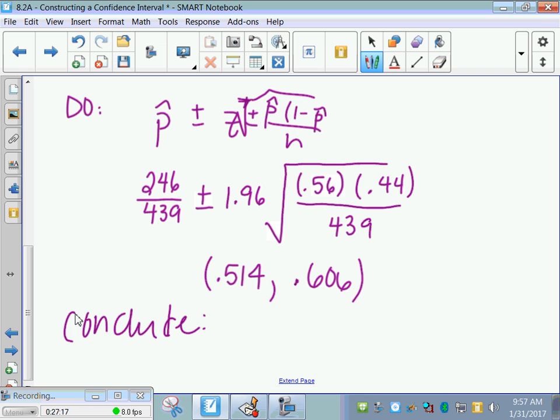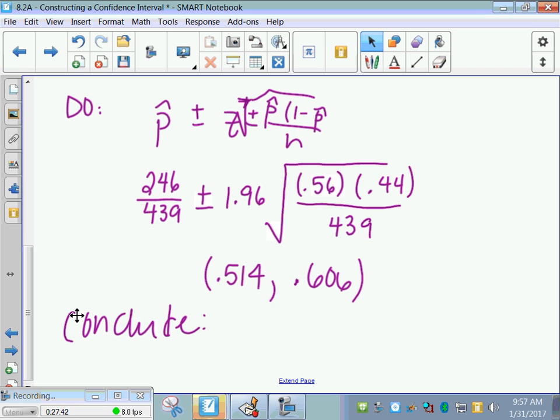And so anyone think they can do that lovely sentence for me? Let's see, Chelsea, what do you think? We are, start with that. Interval. Yep. Right there?